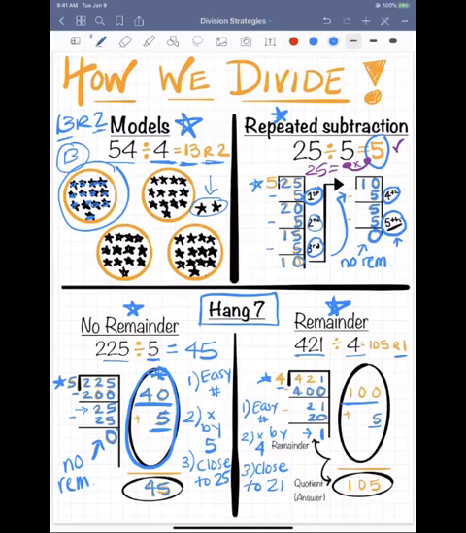We would do our 3 steps again. But we can't do that with 1 because 1 is smaller than 4. So 1 is our remainder, and the same as last time, to find our answer, we look in our circle and we add them. So 100 plus 5 would give us 105. Okay, so my answer is 105, remainder 1.